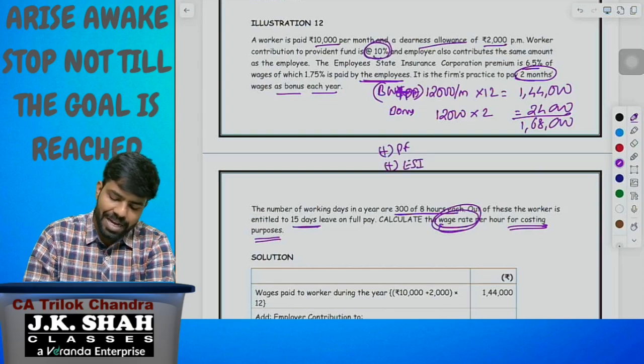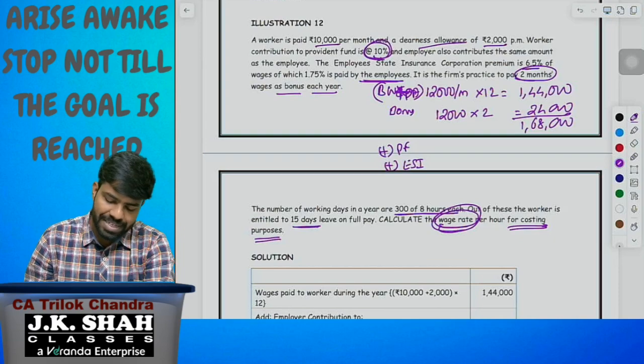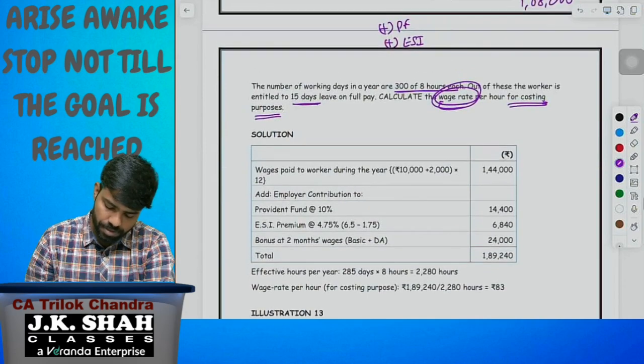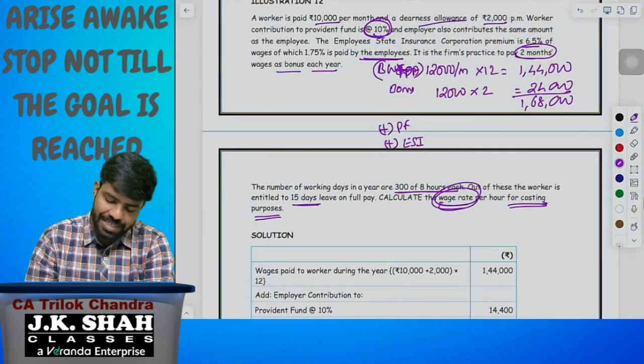See, PF is 10% of the basic wages plus DA allowances. So 1,44,000 into 10%, 14,400.